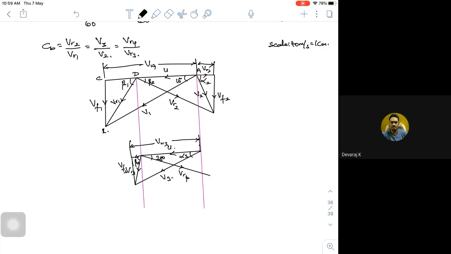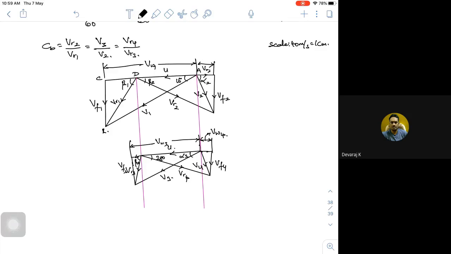You get your VR4 and join this, and you will get your V4. So this is your VF4, and this is your VW4.